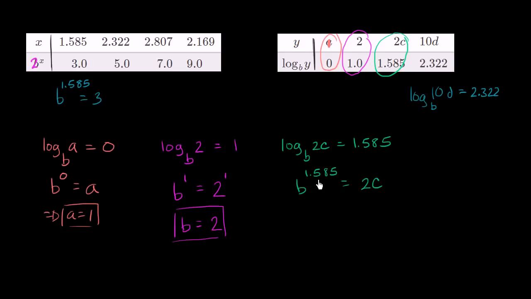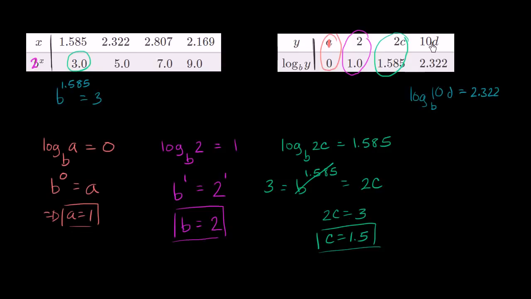Now what's b to the 1.585? Well, they tell us right over here that b to the 1.585 is 3. So 2c is equal to 3, or divide both sides by 2, we would get c is equal to 1.5. This is working out pretty well.